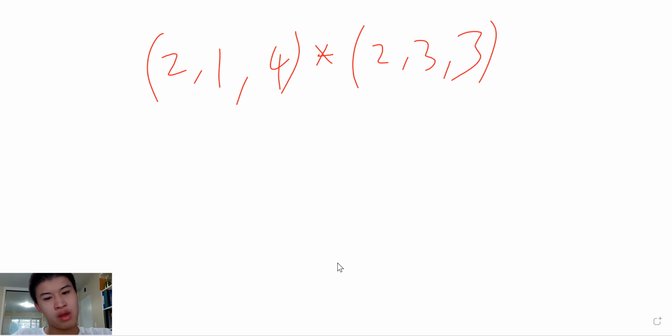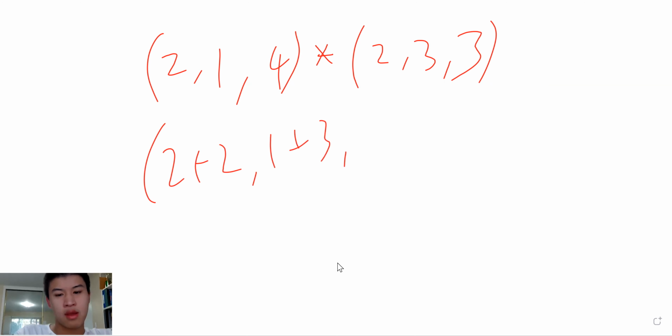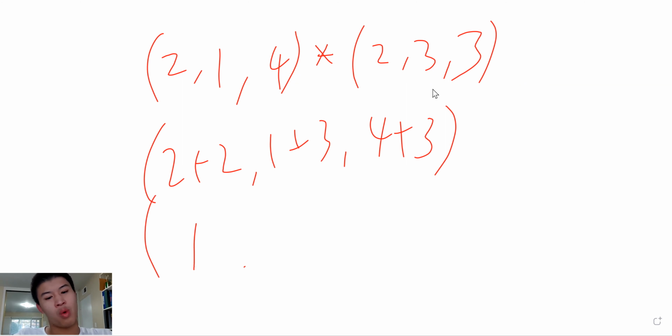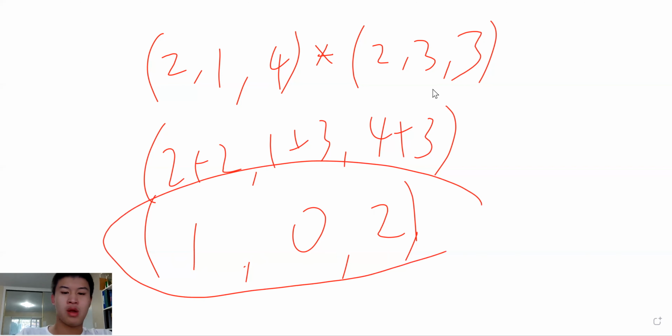Because the operation is addition, that is 2 plus 2, 1 plus 3, 4 plus 3. Then 2 plus 2 in normal addition is 4, but since we're taking the integers mod 3, 2 plus 2 will be equal to 1. So 4 is equal to 1 mod 3. 1 plus 3 is 4, which is equal to 0 mod 4. 4 plus 3 is 7, which is equal to 2 mod 5. And so we have just taken the product.